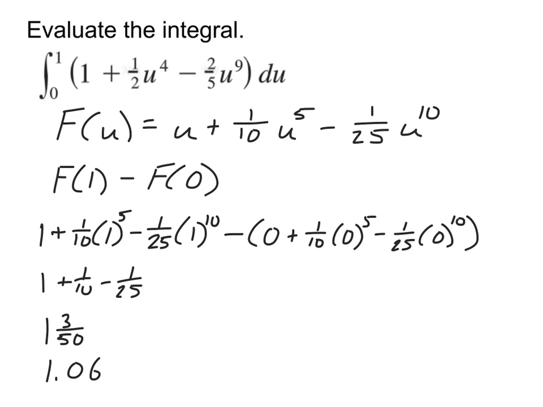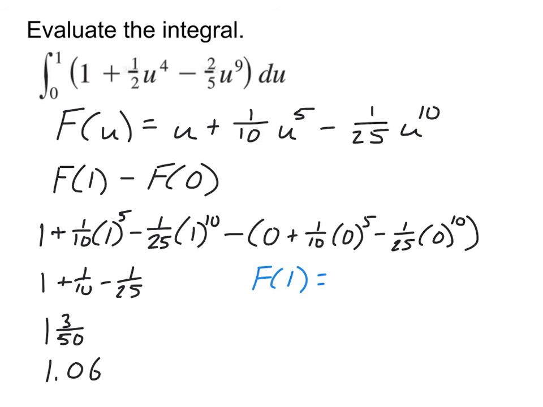Now, one little side note: for some of these problems, this line can start to feel a little bit unwieldy, because there's so much going on in it. If you want to make your life a little bit simpler where each line is a little bit shorter, another option for how you can show your work is, after you write this line, have a line that says F of 1 equals, and go calculate that out.